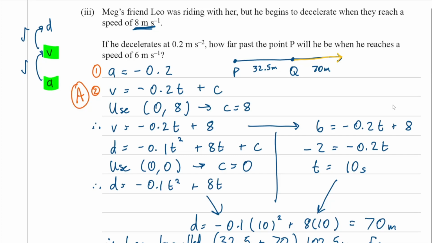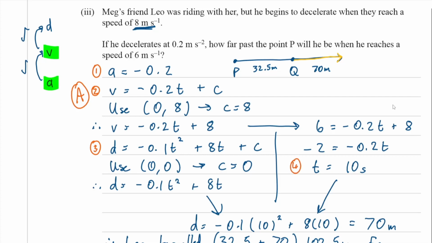We anti-differentiated again to find the distance equation, and at the same time, over here, we worked out the time at which they were traveling at 6 meters per second.